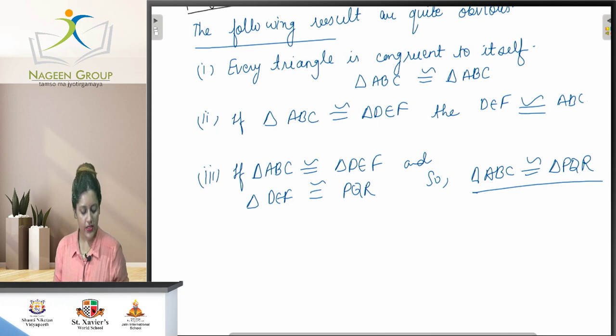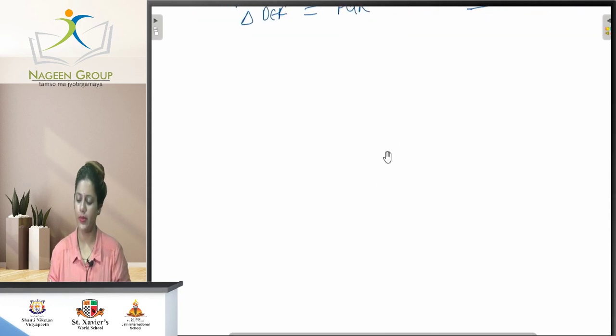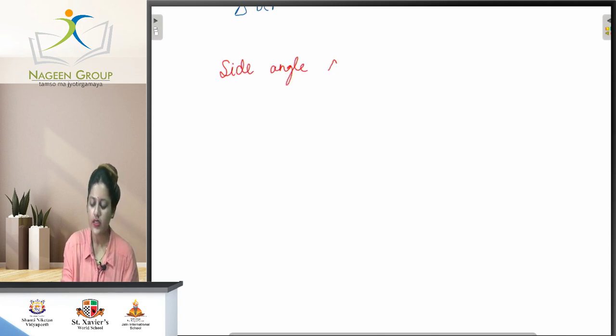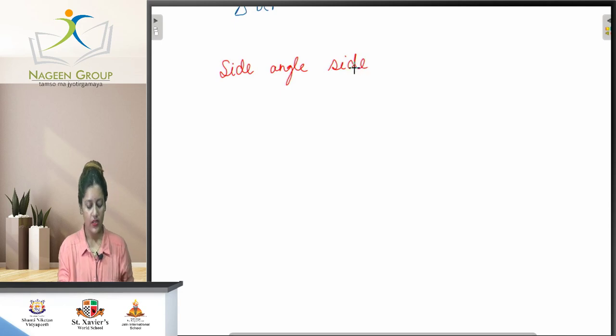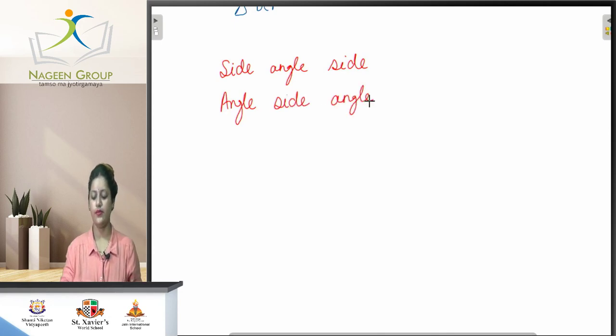Now let us look at the different criteria which can prove that triangles are congruent. Here we only mention the names. First one is side angle side. Next one is angle side angle.